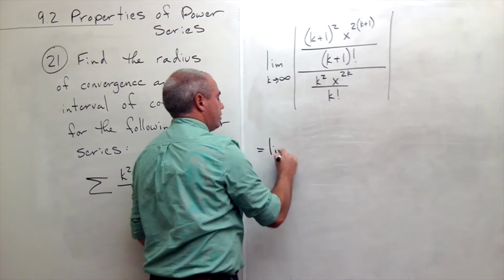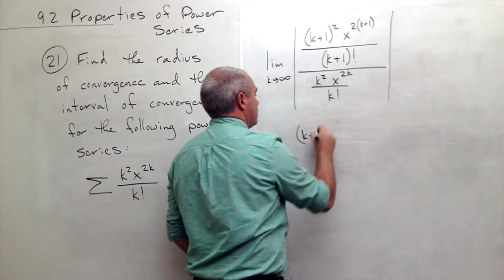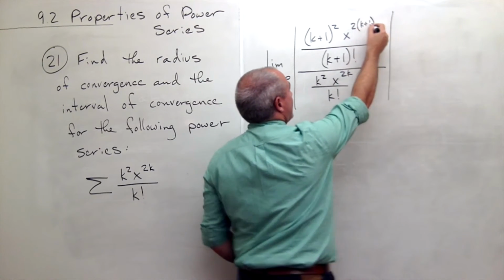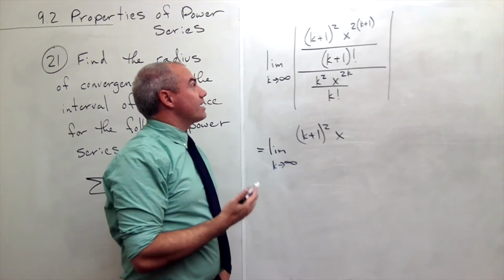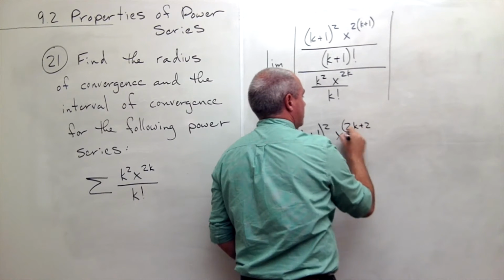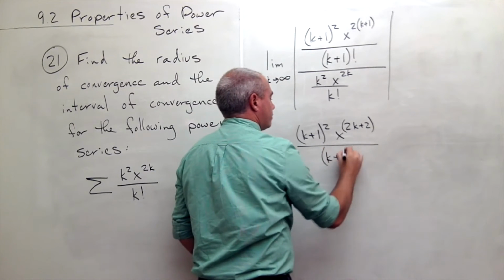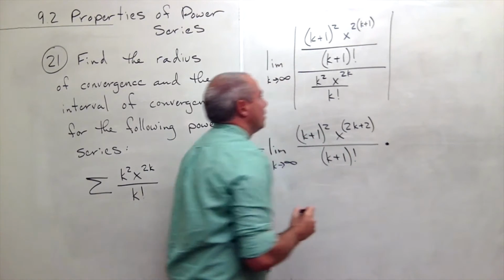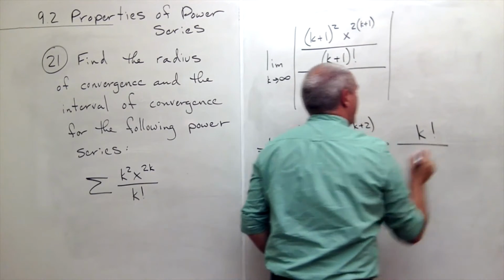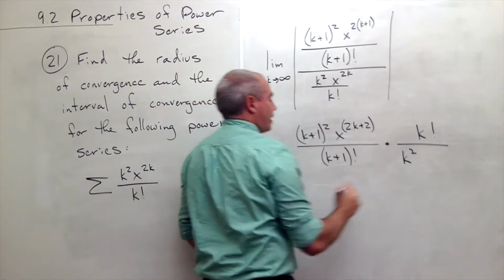This is the limit as k goes to infinity of k plus 1 squared times x to the 2 times k plus 1, but if I multiply that out, that's x to the 2k plus 2, over k plus 1 factorial, times, if I flip and multiply this guy, I get a k factorial on the top, and on the bottom I have k squared and x to the 2k.